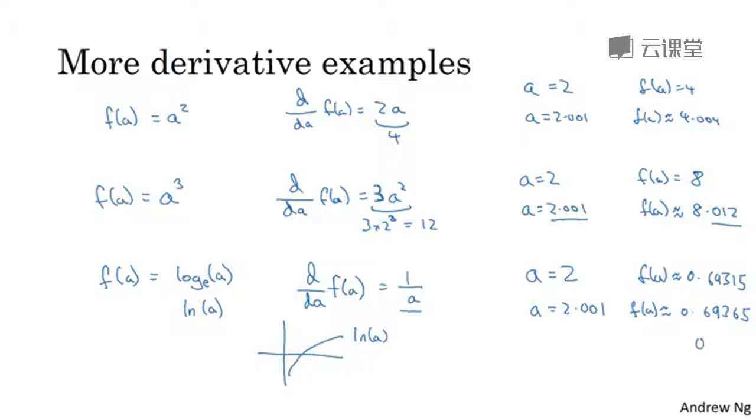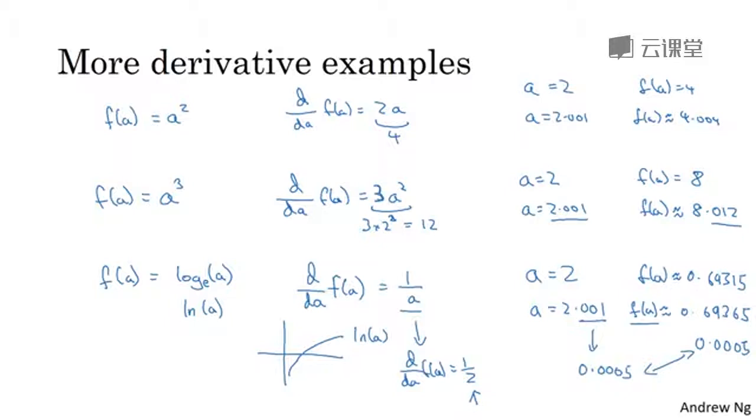So it's gone up by 0.0005. And indeed, if you look at the formula for the derivative, when a is equal to 2, d/da of f of a is equal to 1/2. So this derivative formula predicts that if you bump up a by 0.001, you would expect f of a to go up by only 1/2 as much. And 1/2 of 0.001 is 0.0005, which is exactly what we got, right?